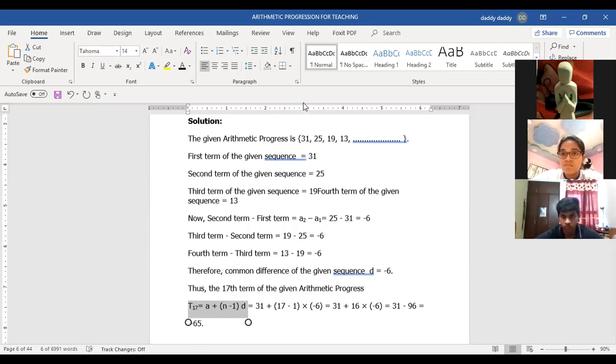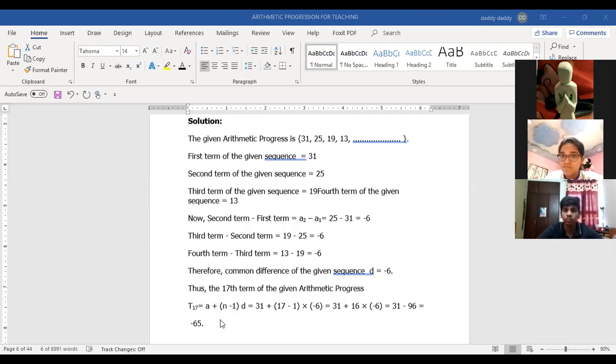It's a descending sequence, and that is why in a descending sequence your common difference will always be negative, because your numbers are decreasing. The second number will be smaller than the first, the third smaller than the second. Always in a descending series you will get a negative common difference. In an ascending series, you will get a positive common difference.